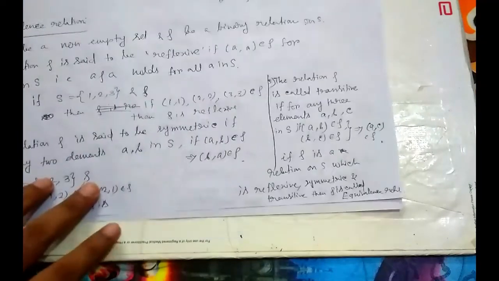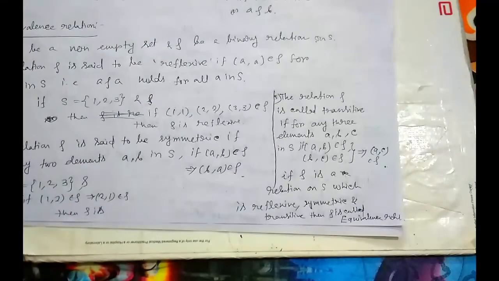You just have to remember these things, that if rho is a relation on S which is reflexive, symmetric and transitive, then rho is called equivalence relation.